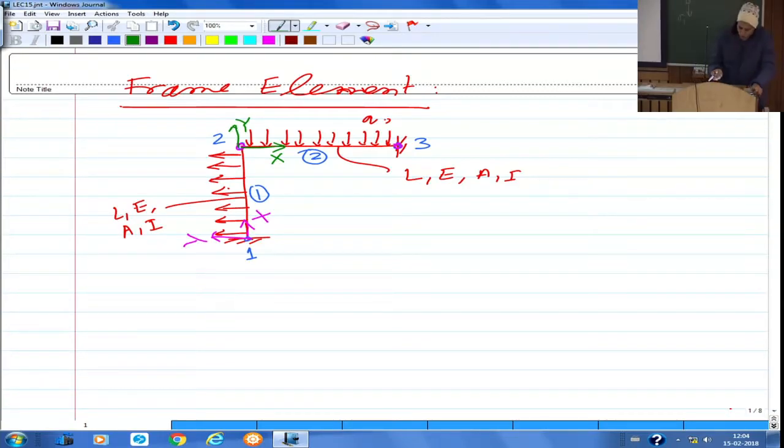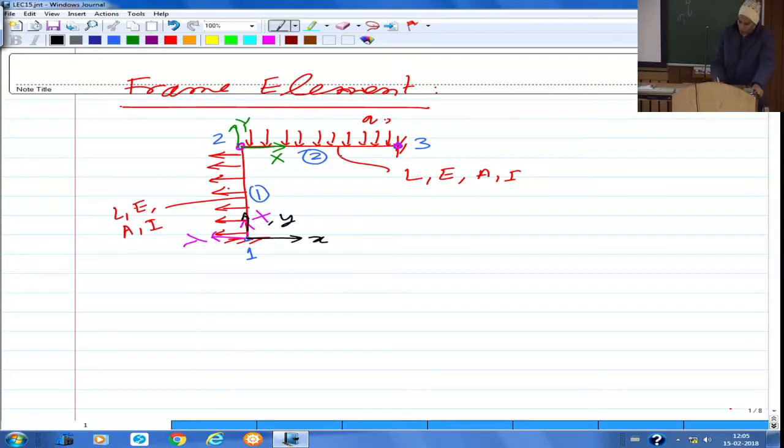So we need to decide what our global coordinate system is. Let us say this is my global x-axis and this is the global y-axis along this, and z is of course common in all cases. As you see, the first step would be to transform the element-level governing equation.